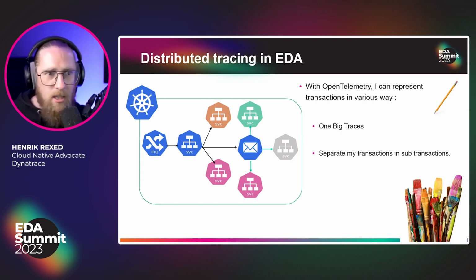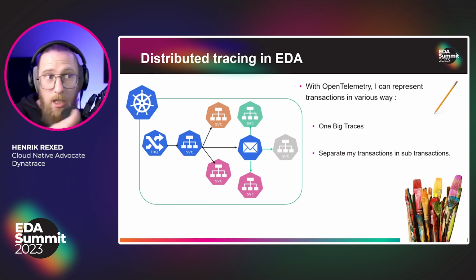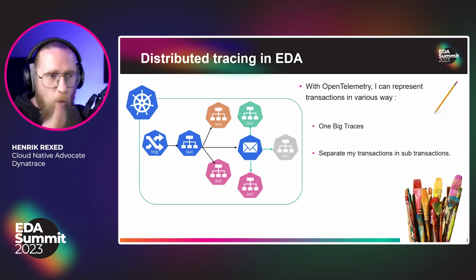I don't know, let's take examples. But at the end, what we have here could be quite weird, because maybe I will have a trace of 6 minutes. Or maybe if my EDA architecture is very fast, it is almost transparent.